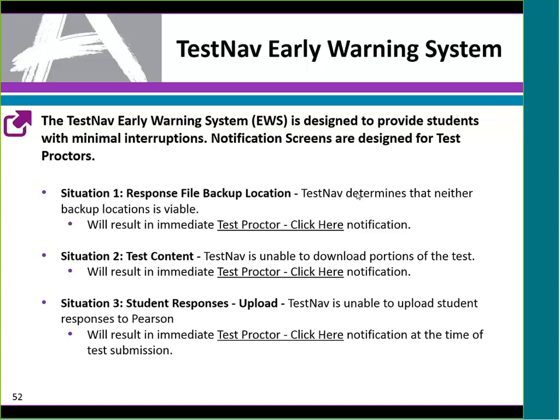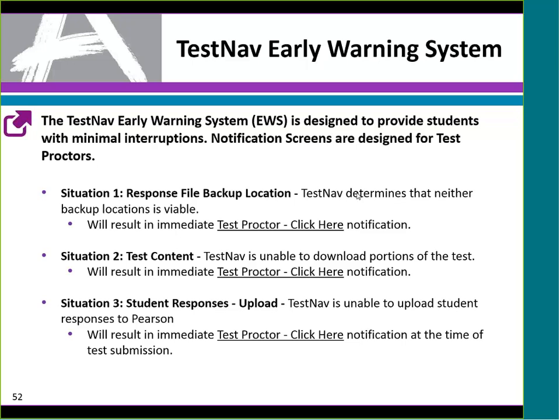So that's one. The second is if the test content is unavailable. Usually that means that the Proctor Caching machine is unavailable. If the Proctor Caching machine is on, but content isn't there, typically what will happen is as the testing device is requesting the content from the Proctor Caching machine, the Proctor Caching machine is saying, hey, I don't have that, but I can get it.